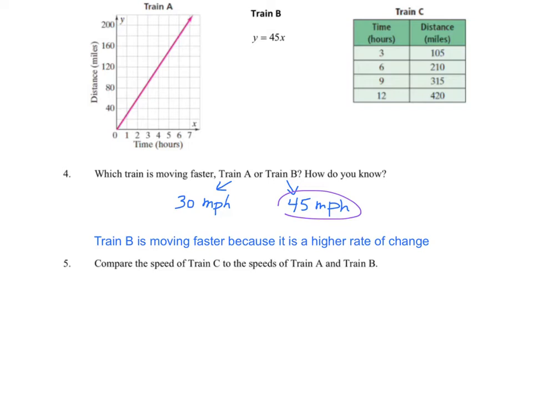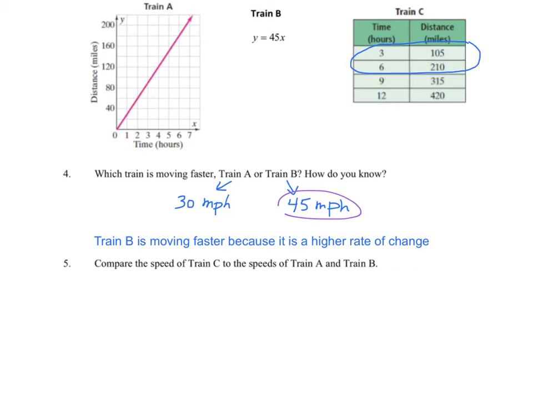Now to number 5. We want to compare the speed of train C to the speeds of train A and train B. Well, we already found the rate of change for train A and B. Now we want to find the rate of change for train C. So in train C, we are given a table. So you want to pick 2 points on that table to find the rate of change. So I'm going to pick the first 2 points.